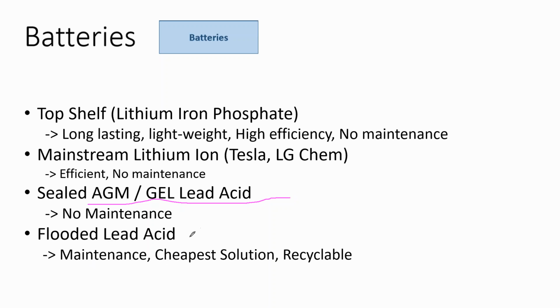And so when you look at, say, a sealed lead acid versus unsealed lead acid, you may not need to maintain the sealed lead acid, but it also doesn't have nearly the life or the performance of flooded lead acid.